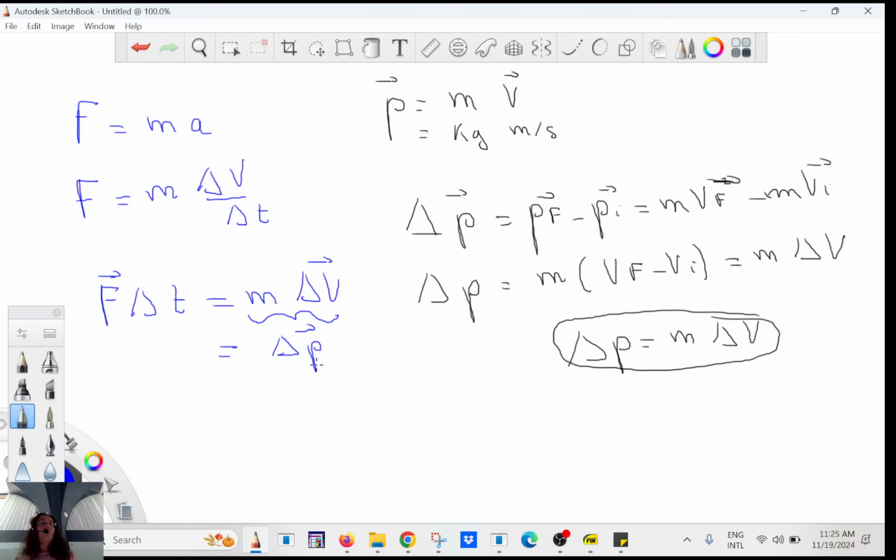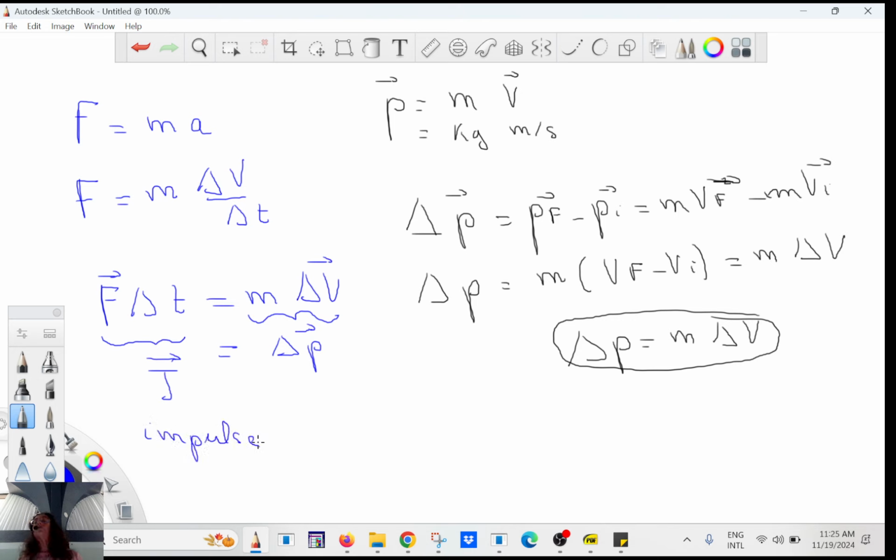So that will be the change in momentum. Here, we're going to introduce a new physical quantity, and we call that the impulse. It depends on the textbook: sometimes the notation is uppercase I, or sometimes J. It's a new physical quantity.